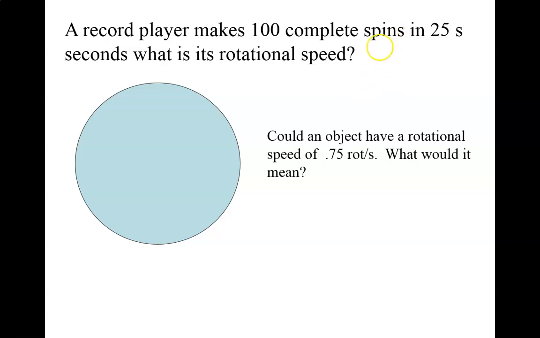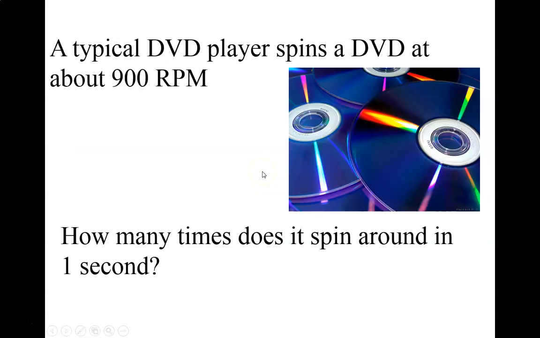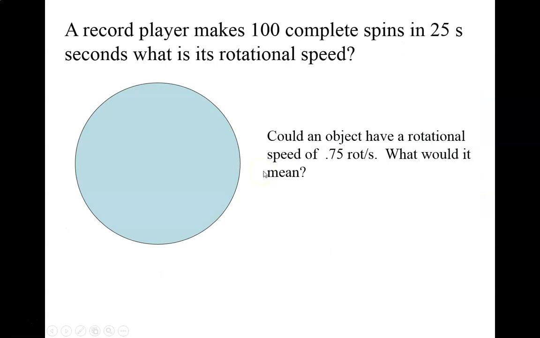That means in 1 second, this thing makes 4 complete rotations. What would it mean if an object had a rotational speed less than 1 rotation per second? Well, it would just mean that in 1 second it didn't quite make it all the way around. So this one made it 3/4 of the way around in 1 second, but it would make it all the way around in another fraction of a second.